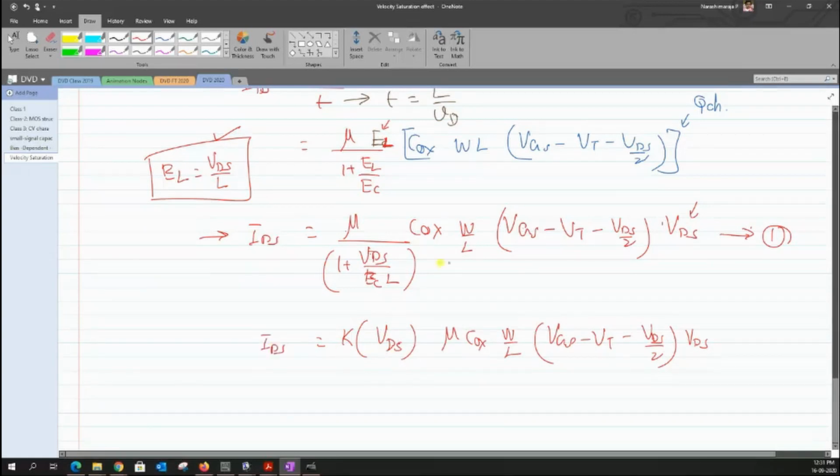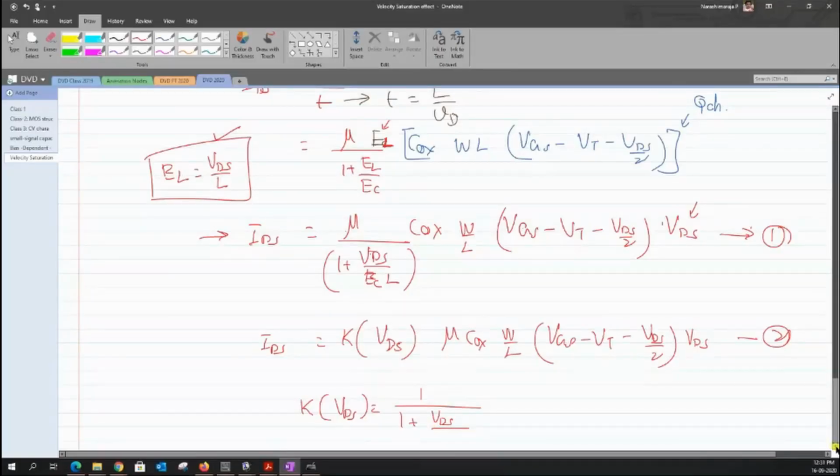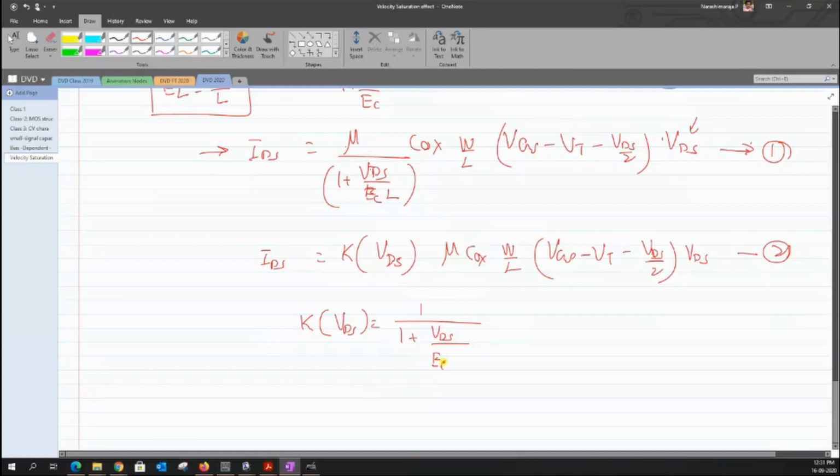Just by comparing equation 1 and 2, you could say that kappa of VDS is nothing but 1 upon 1 plus VDS by EC times L. One can also write the product of EC into L as something known as the critical voltage.